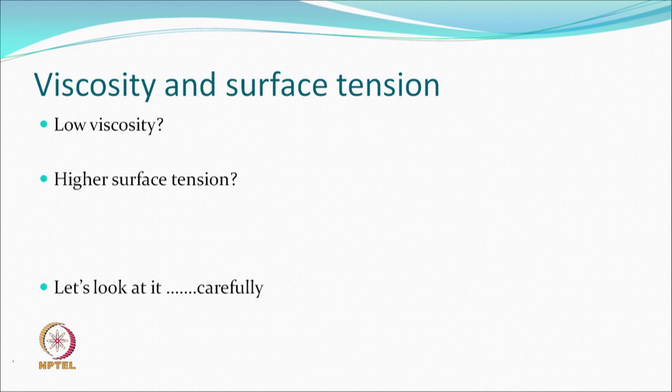You can appreciate that the inks which we use for inkjet printing are low viscosity systems. If it was a very high viscosity system, then obviously it will not pass through, unlike for example our conventional printing.